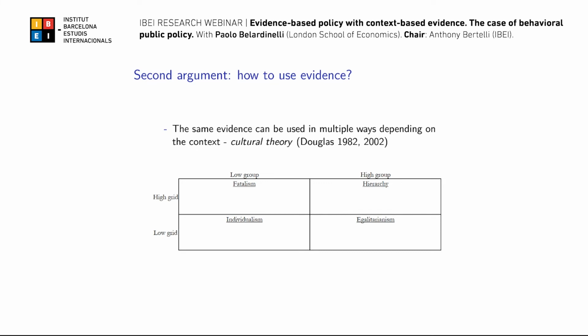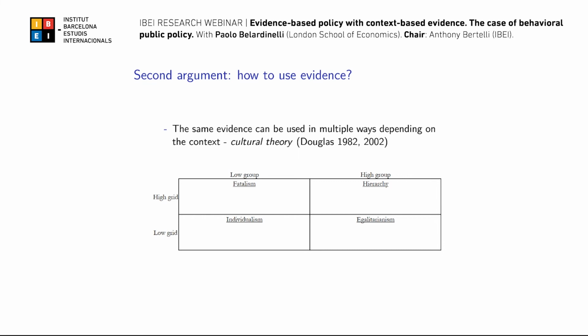And low group and high grid, it's fatalism. So basically rules exist, but we don't have any control over rules. And that's why fatalism.